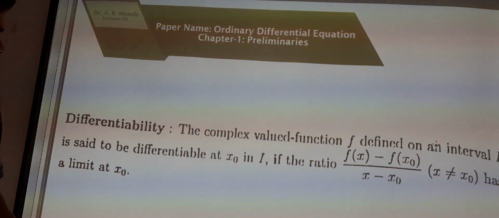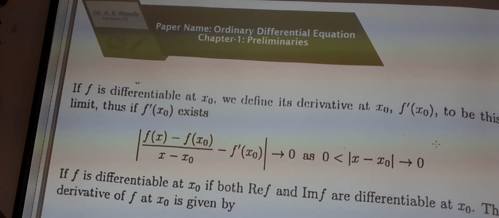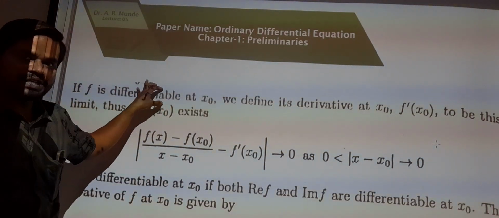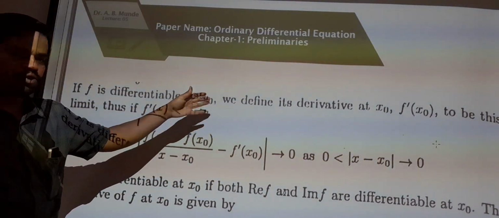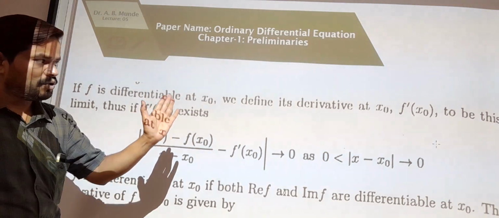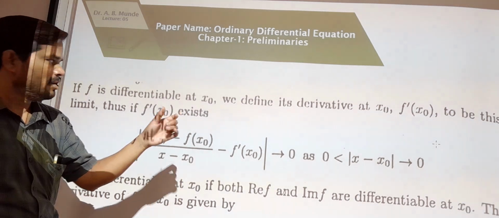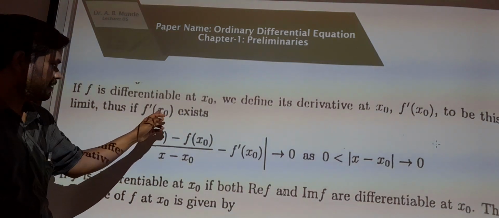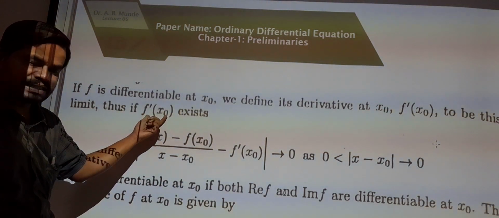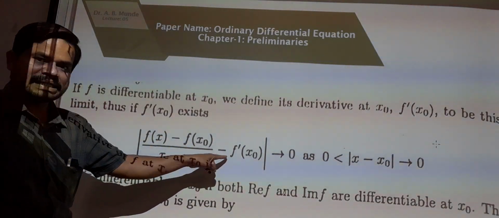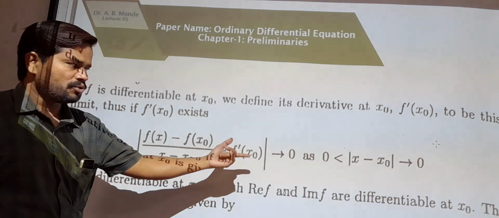So this is the definition of differentiability. We can define the derivative at x0 as f dash of x0. If f dash of x0 exists, then the limit of f of x minus f of x0 over x minus x0, minus f dash of x0, tends to 0.